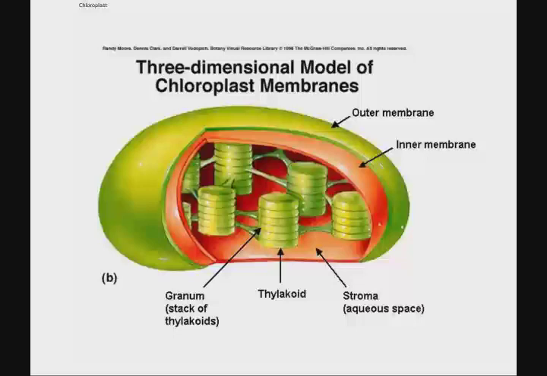But inside the inner membrane, we have a separate network of membranes called the thylakoids, which form very specific structures called grana. These pancake stacks of membrane are going to be oriented in a way to capture sunlight very, very efficiently. And then the liquid inside that inner membrane in which the thylakoid floats is called the stroma.